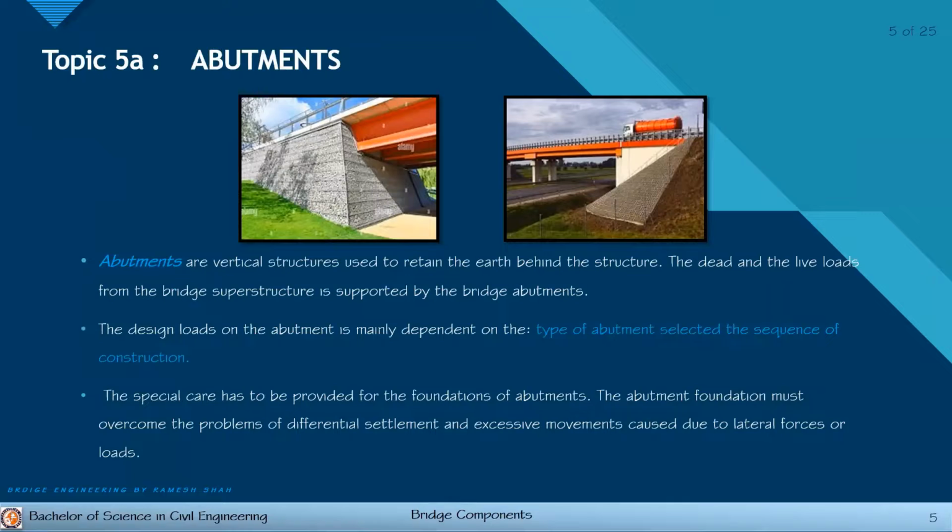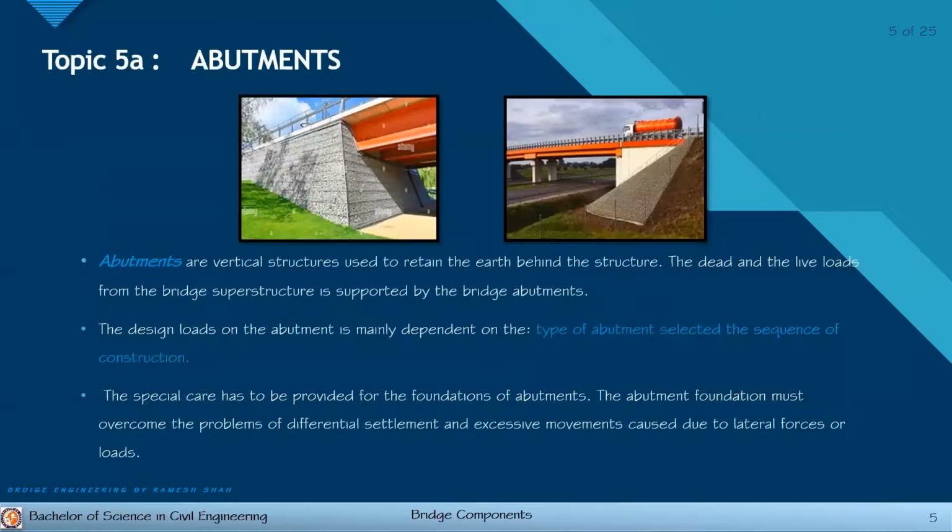Abutments are vertical structures used to retain the earth behind the structure. The dead and the live loads from the bridge superstructure are supported by the bridge abutments. So, ang bridge abutments, ito yung mga something like the retaining walls sa ating mga dikes.